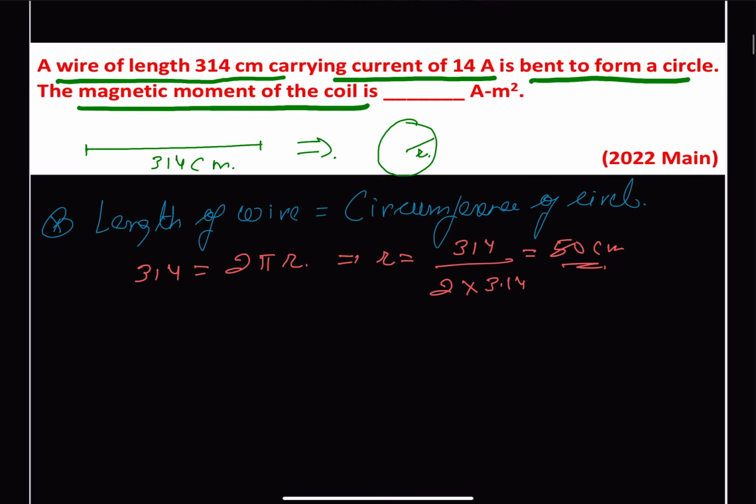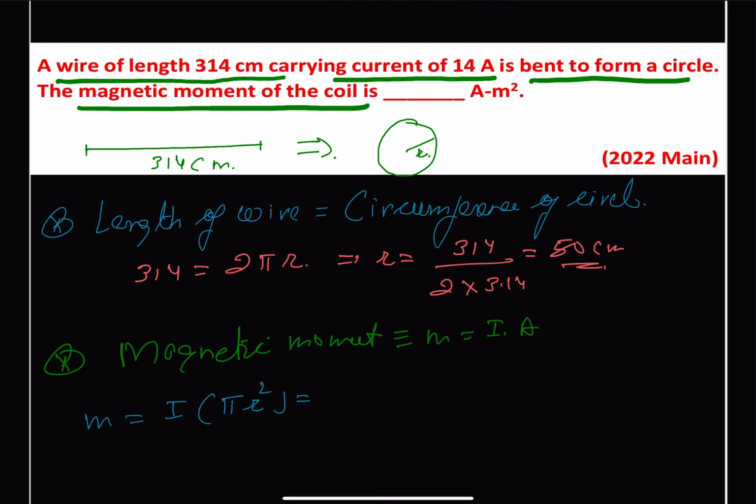And we need to find the magnetic moment. We know the magnetic moment, that is represented as small m, is equal to I and area. We can easily find area, which will be equal to pi r square. So we substitute it, we get magnetic moment is equal to I pi r square.